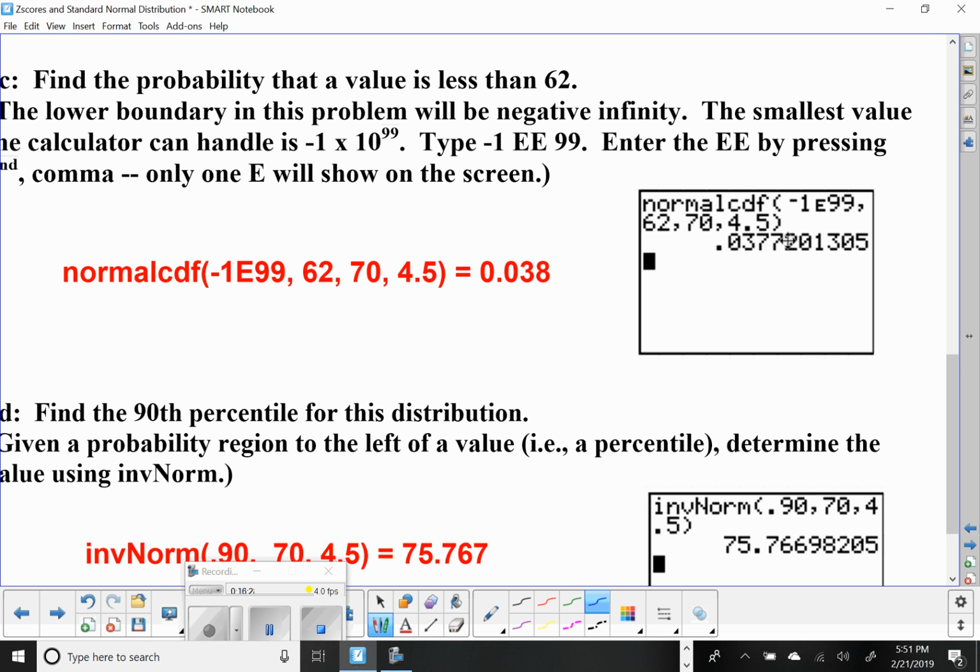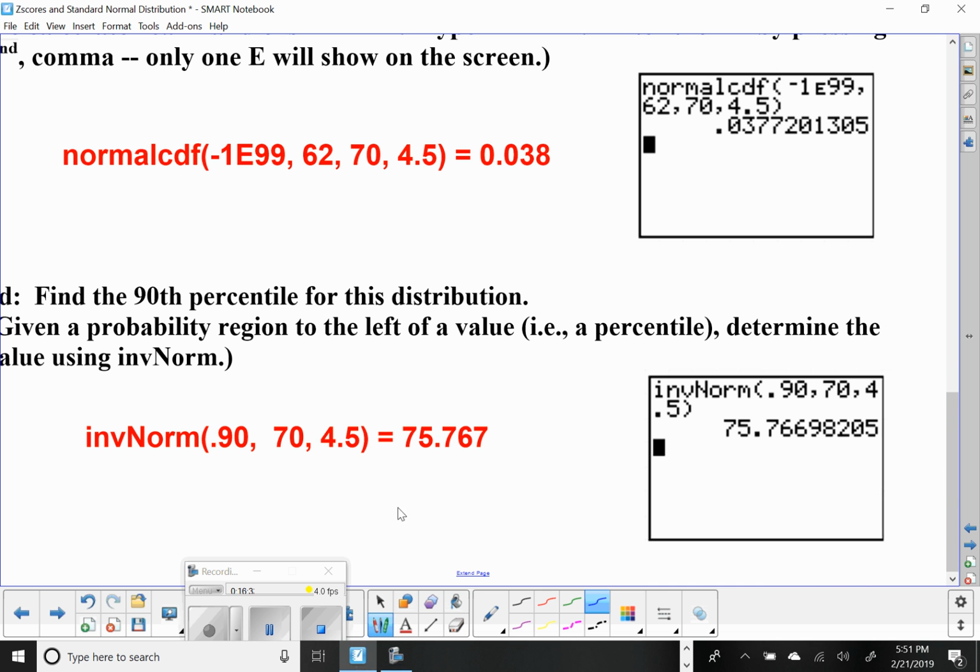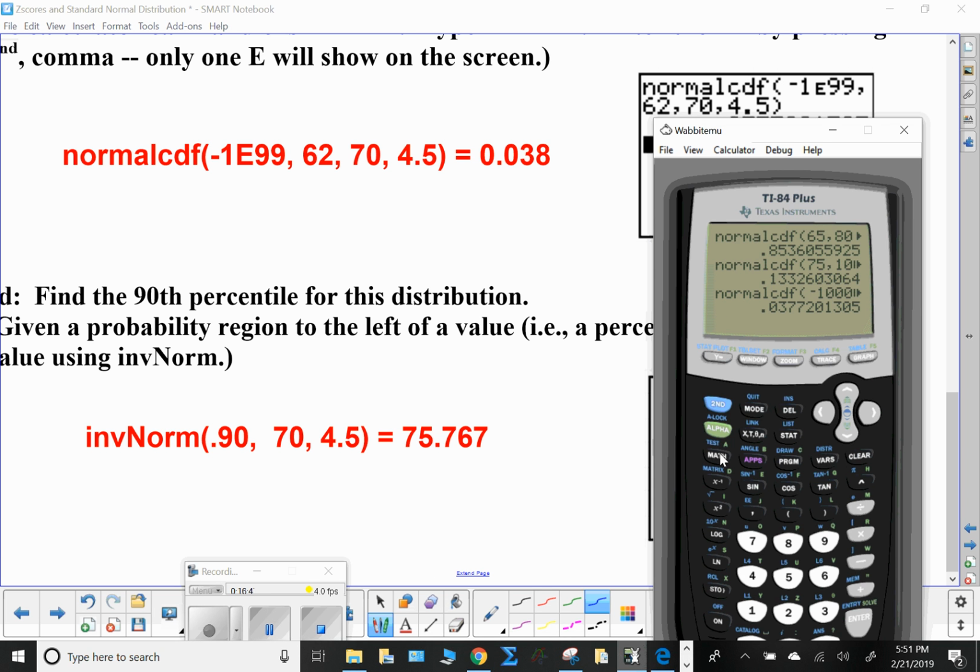Now, this last one here is find the 90th percentile for this distribution. Given a probability region to the left of a value, determine the value using the inverse norm. I want the 90th percentile. Well, you still just do second vars, get to our distributions, and here's your inverse norm.